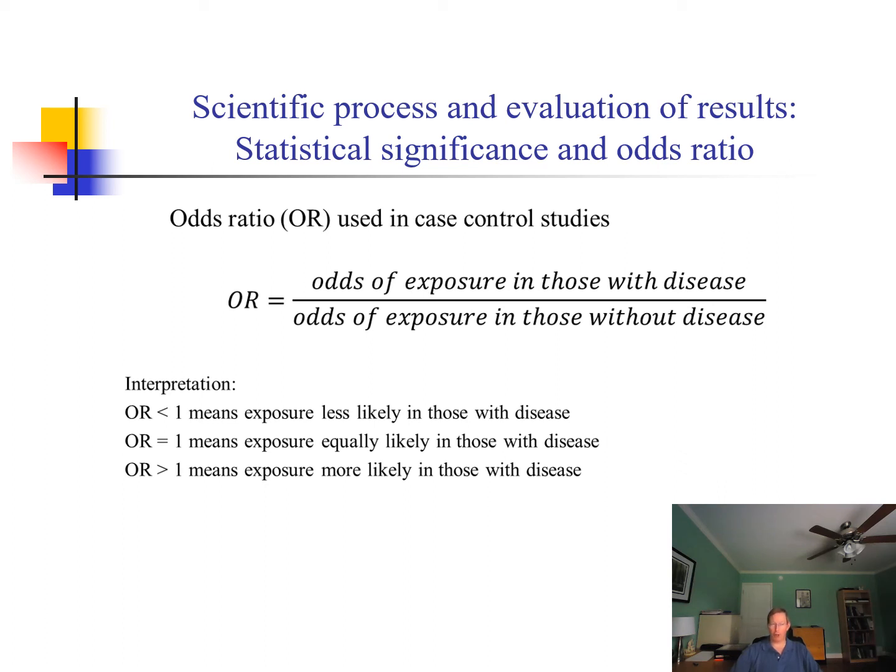And so if you had already done this, you had already noted that people that were on this had a greater chance of ischemic stroke or smaller chance of ischemic stroke, you might do a retrospective case control study, and that would be an odds ratio. You interpret it in a similar fashion. If the odds ratio is 1, it means that the odds are equally likely in those with and without disease. And if it's less than 1, it's less likely. If it's greater than 1, it's more likely.